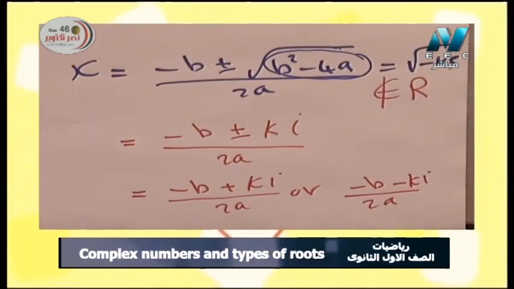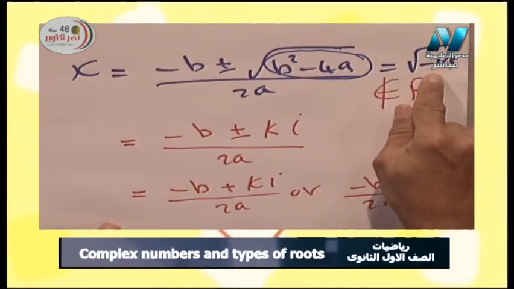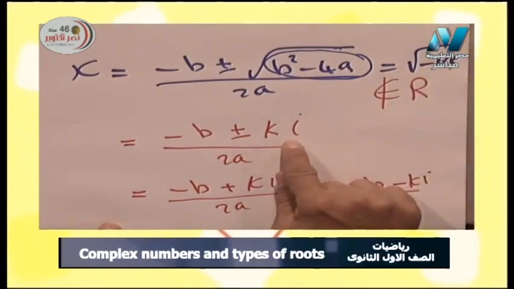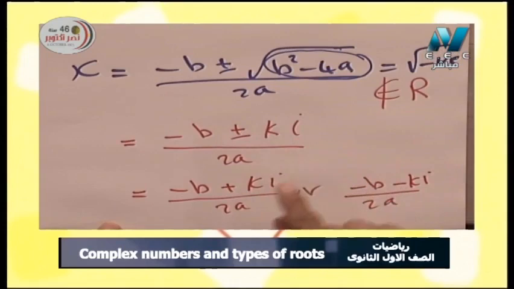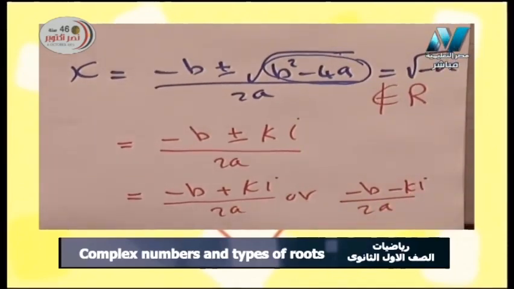So if the discriminant equals a negative number, the roots will be complex and not real, and we have two conjugate roots that are complex numbers. Let's go to an example.